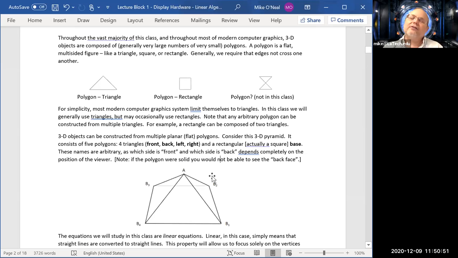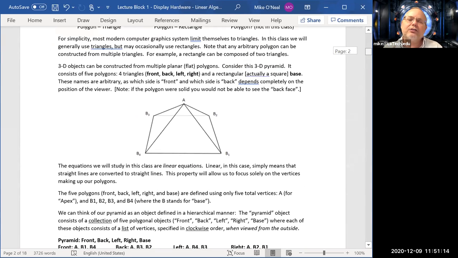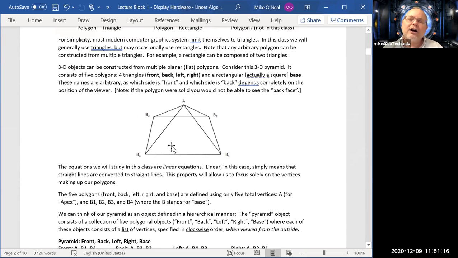How are we going to tell if a face is a front face or a back face? That's future lectures. It's going to deal with things called surface normals. And if you want your surface normals to work right, you're going to have to define all of your polygons the same way as viewed from the outside. You could choose counterclockwise or you could choose clockwise. The standard way is to define your polygons clockwise when viewed from the outside.